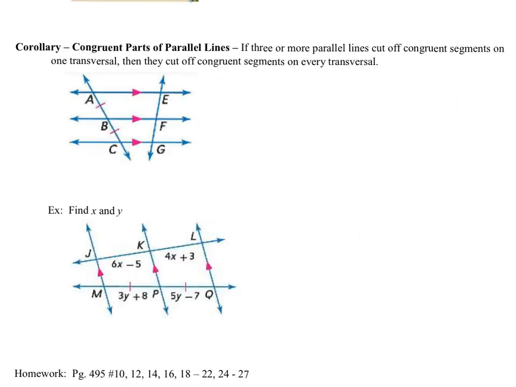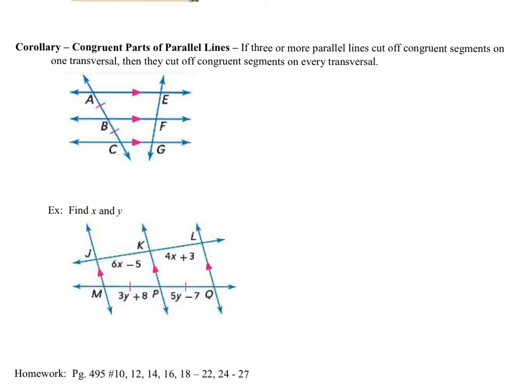Now let's look at another corollary that follows from the previous corollary and the triangle midsegment theorem. It's the congruent parts of parallel lines corollary, which says if 3 or more parallel lines cut off congruent segments on one transversal, then they cut off congruent segments on every transversal. You can see we have 3 parallel lines, and you can tell by the markings.